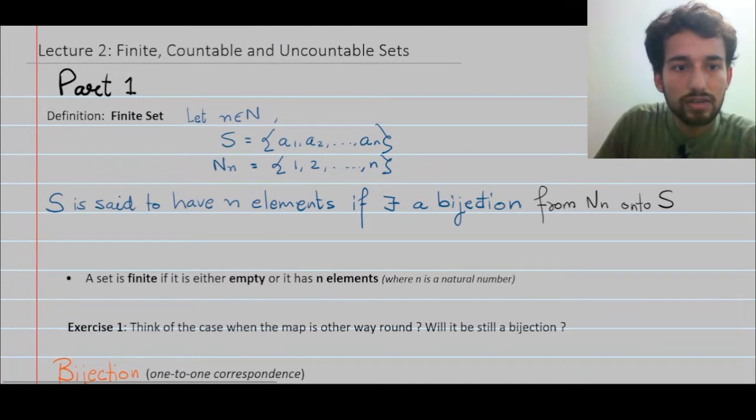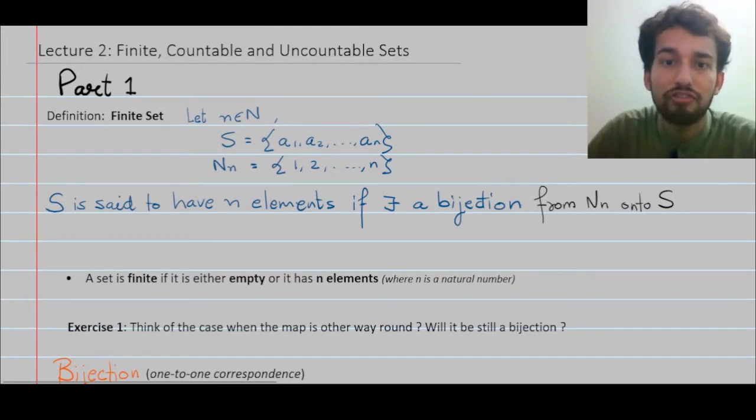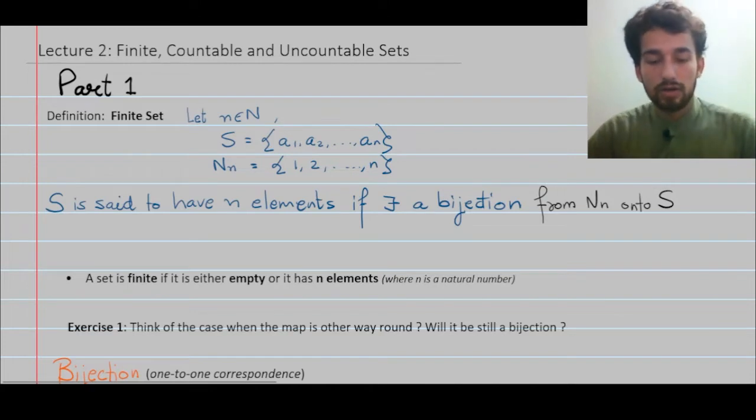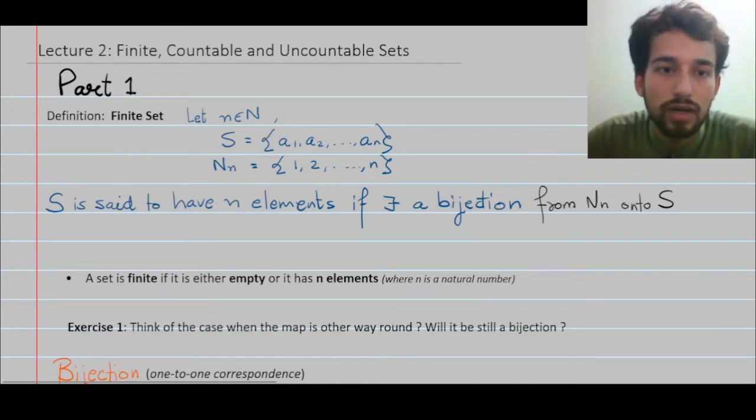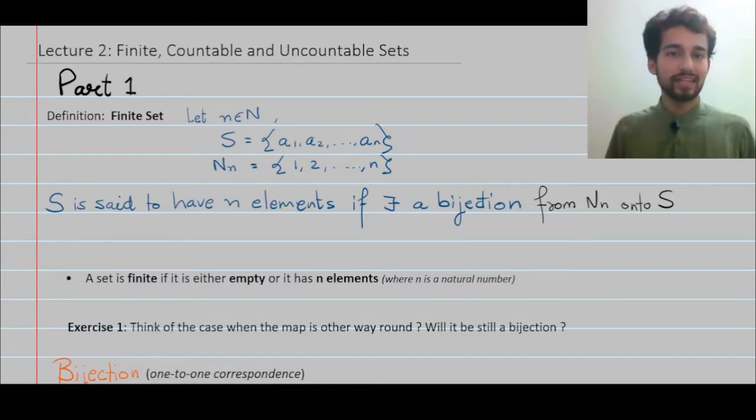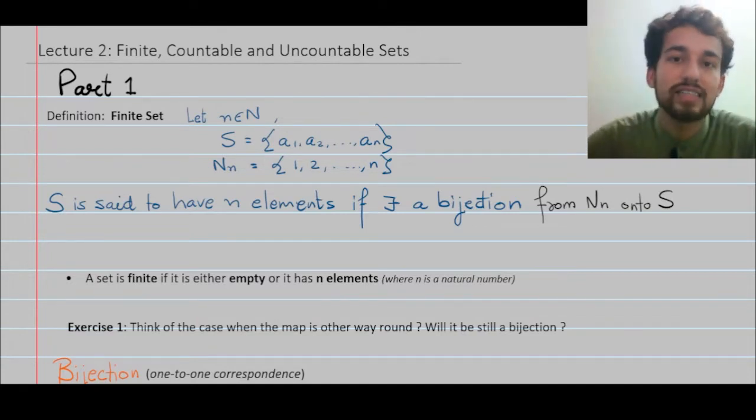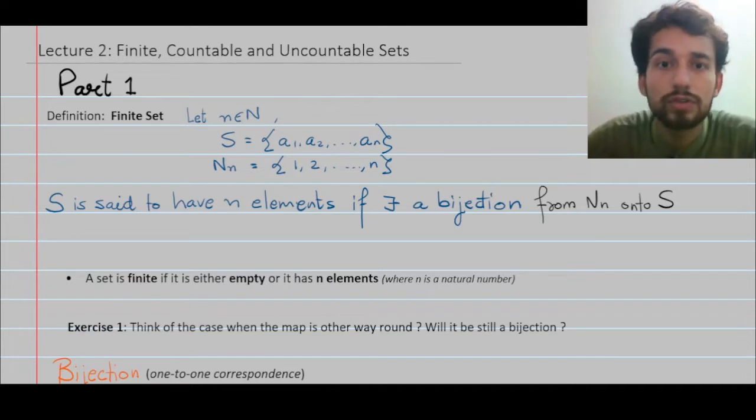So let's quickly discuss the very first notion, that of a finite set. If you recall from our primary classes, we have been counting certain objects. Every day in our class, the teacher used to count the number of students present.